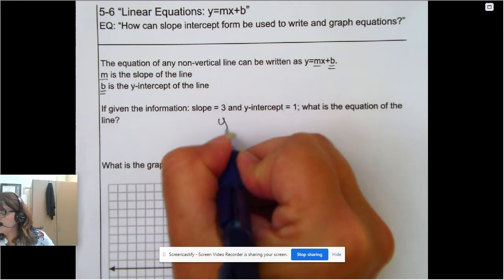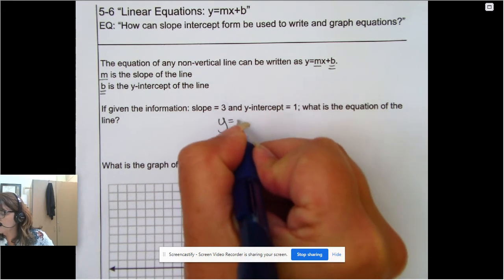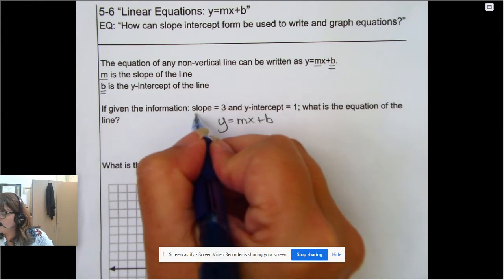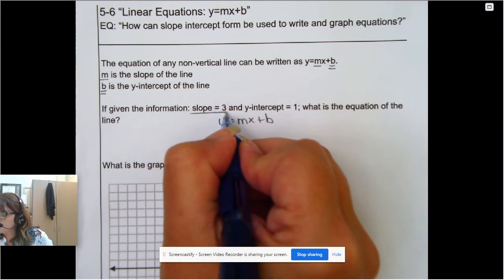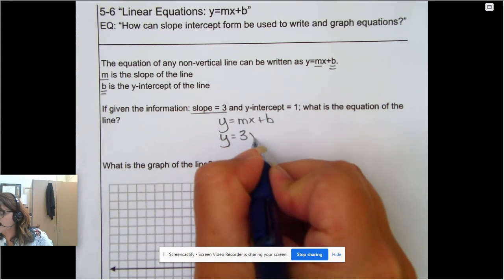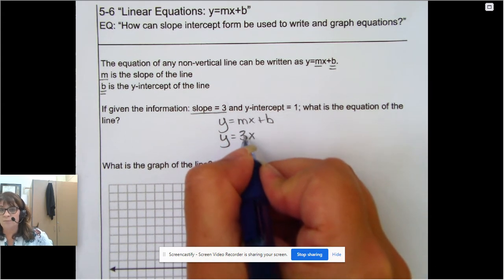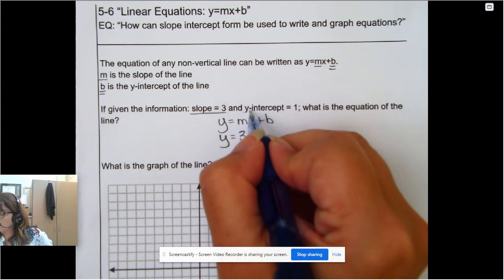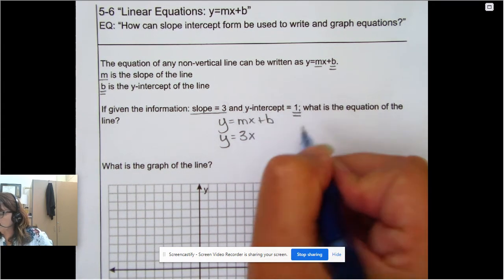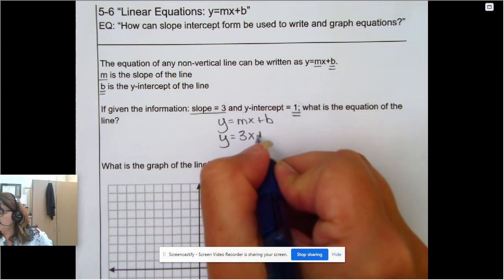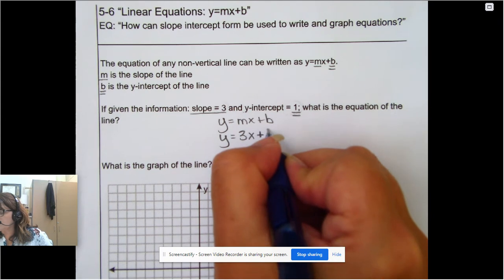So if my formula is y equals mx plus b, but I know that m should be 3, I could put in a 3 instead of an m. And I know that y-intercept is 1, and that's b. I could put in 1 instead of b.